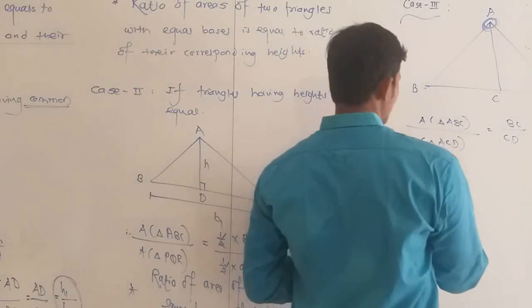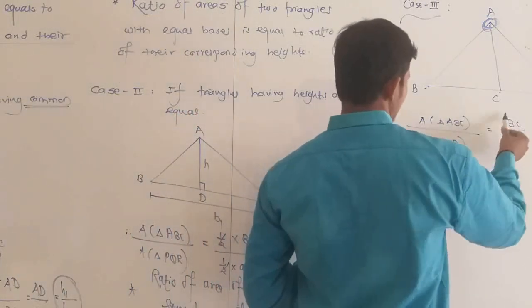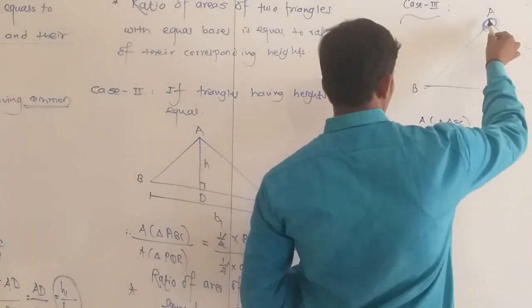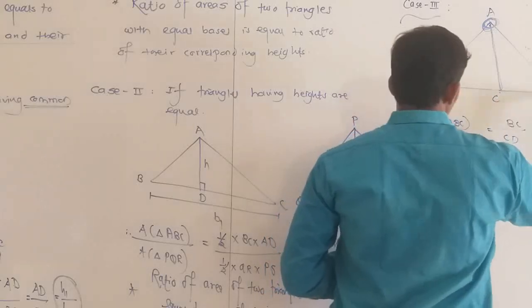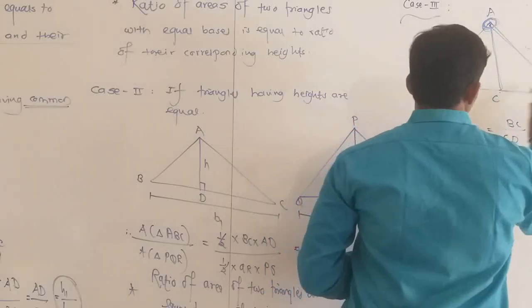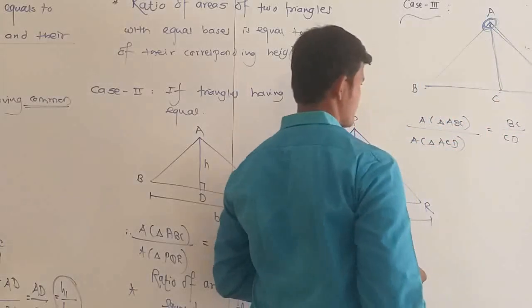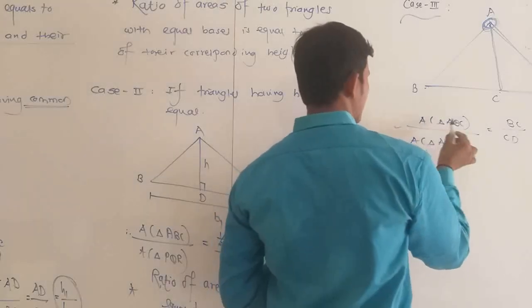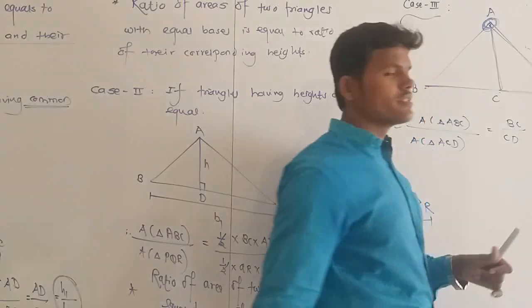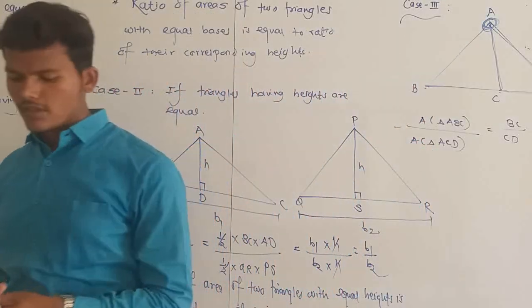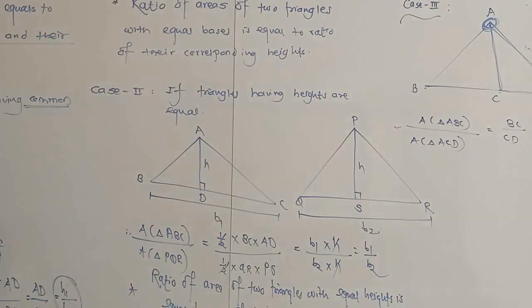So the area of triangle ABC to the area of triangle ACD is equal to BC upon CD. For triangle ABC, BC is the base, and for triangle ACD, CD is the base. So the ratio of areas is equal to BC upon CD, that is the ratio of their corresponding bases.